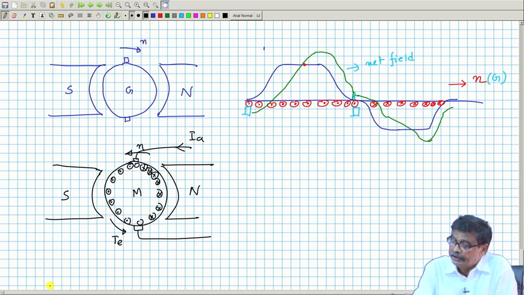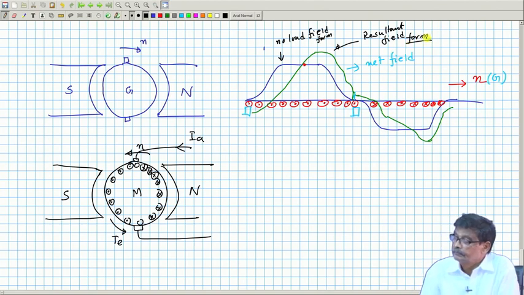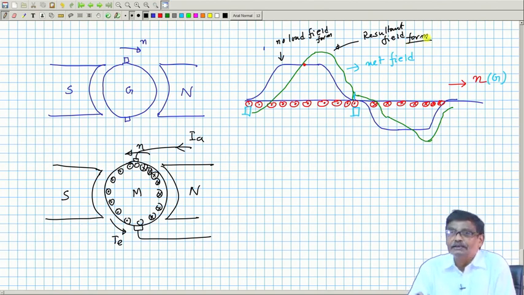Now, look at this diagram. This is the no load field form. This is the resultant field form. Then what I am telling now is that this same field waveform can be attributed to motor.